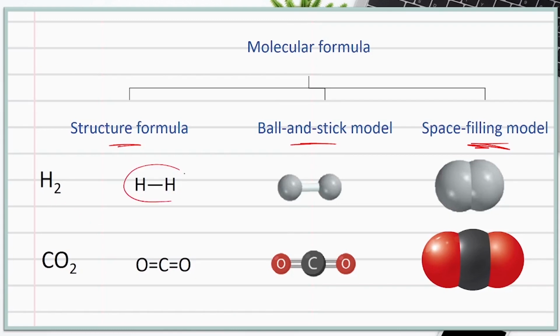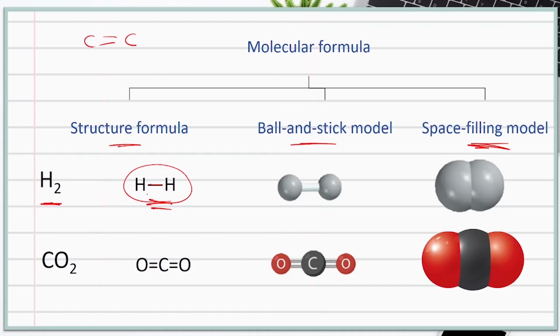In the structural formula, which is the simplest method used to represent molecular formulas, a line is used to represent the bond between atoms. 2 lines mean a double bond. For example, here we have 1 line between the 2 hydrogen atoms.